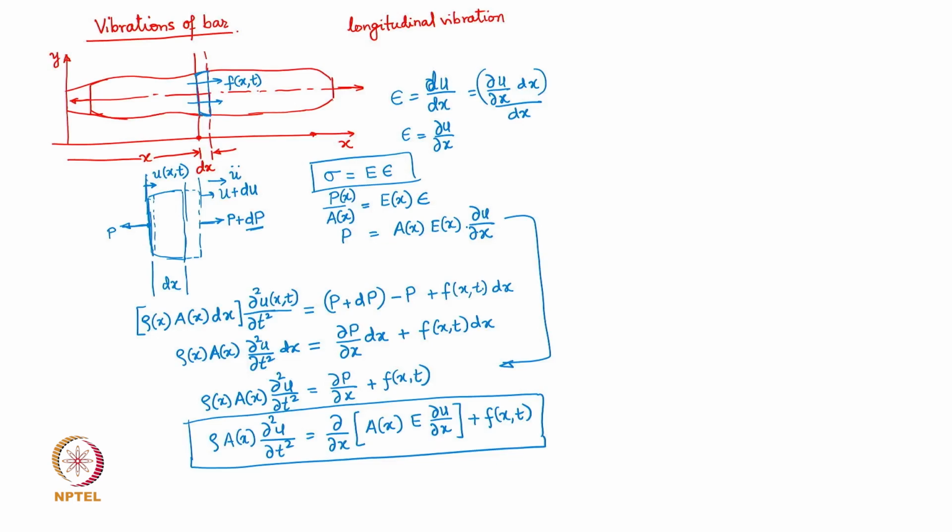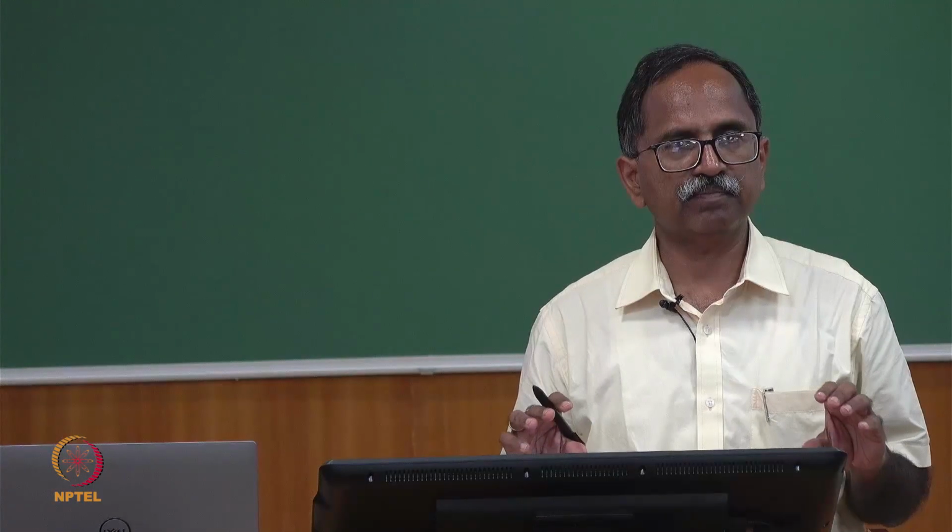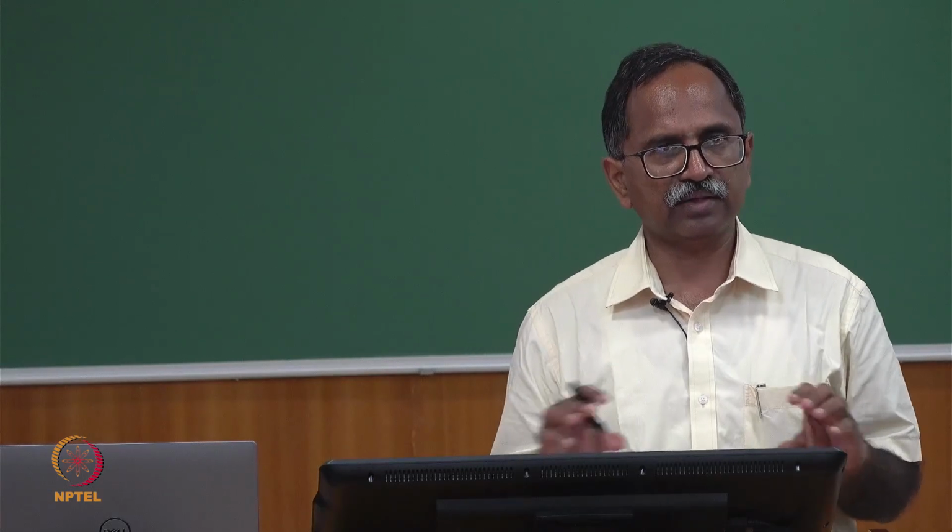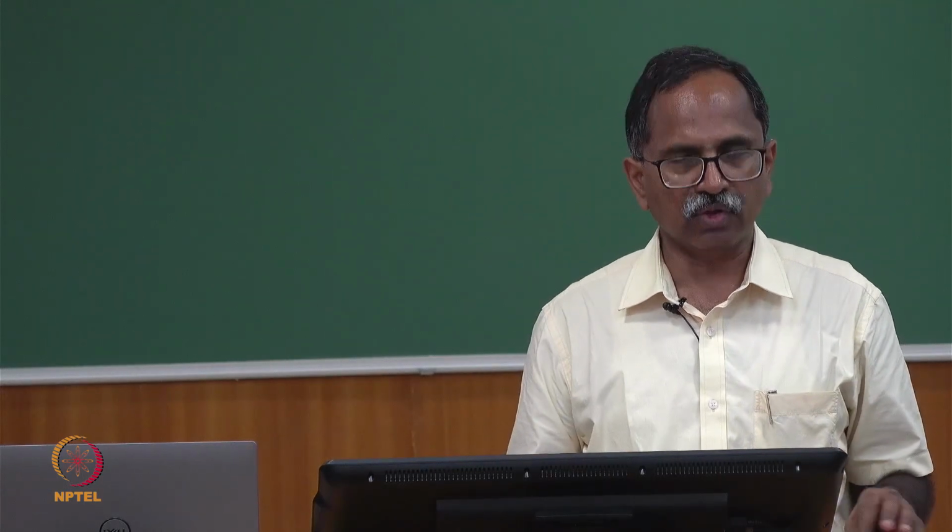Now if we want to investigate the free vibration response, we will drop the external forcing term here. If I drop the external forcing term and assume that properties like area and Young's modulus are not dependent on the x variable, we are looking at a simplified geometry, a constant cross-section bar throughout.